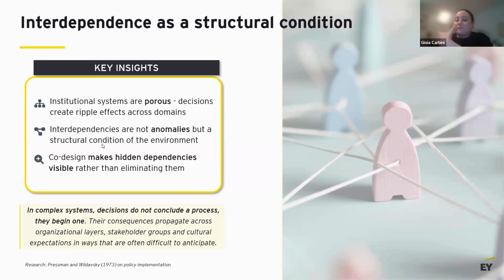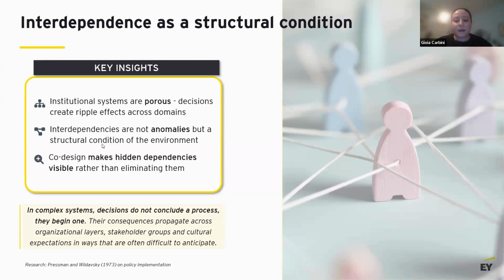Implementation unfolds through different decision points, not just one. And contemporary public administration studies reinforce this. Outcomes depend on how actors across layers enact decisions and interpret decisions at the very beginning.